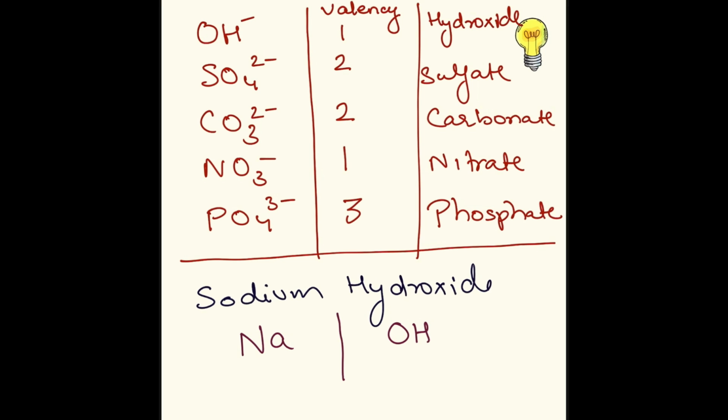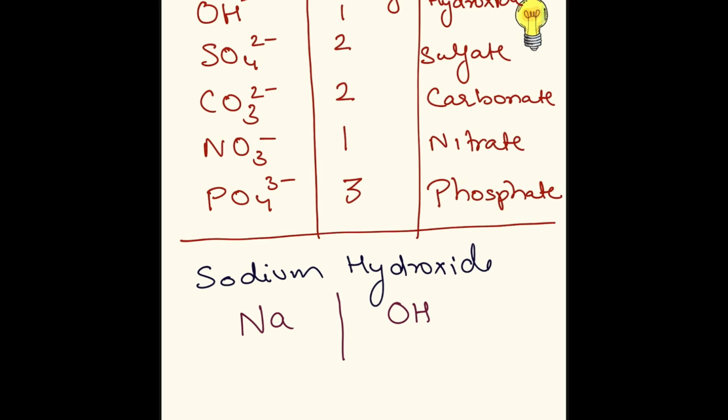While framing the formula, we do not show the charge. Now sodium belongs to group 1, so the valency is 1. Hydroxide's valency is always 1. Now remember, the rule says if the valencies are the same, you cancel out the valencies. Your final formula is NaOH. Clear?